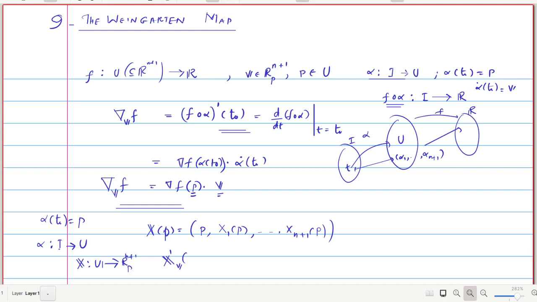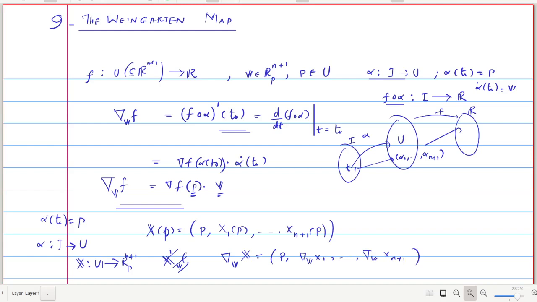We use the notation del V X rather than X dash or X prime, and this is defined to be the vector at P. We define this as del V x1, etc., del V x n plus 1.